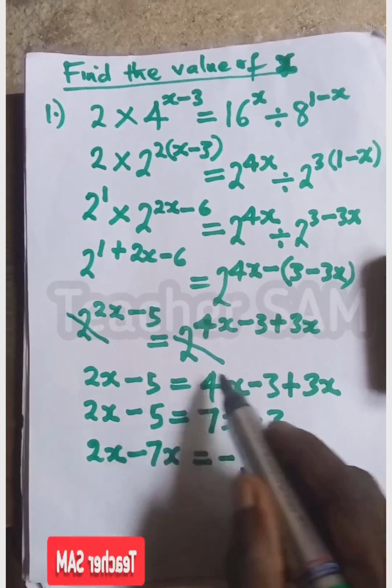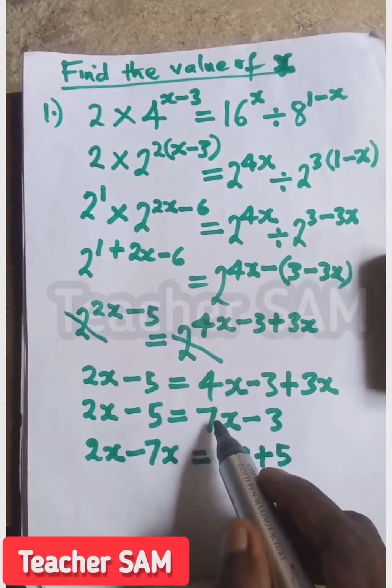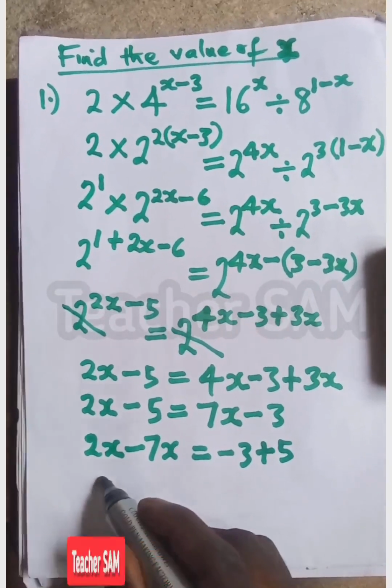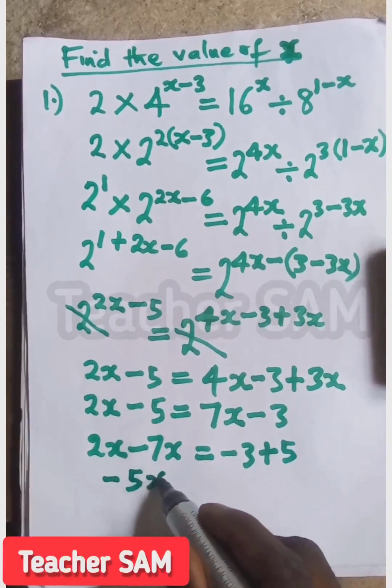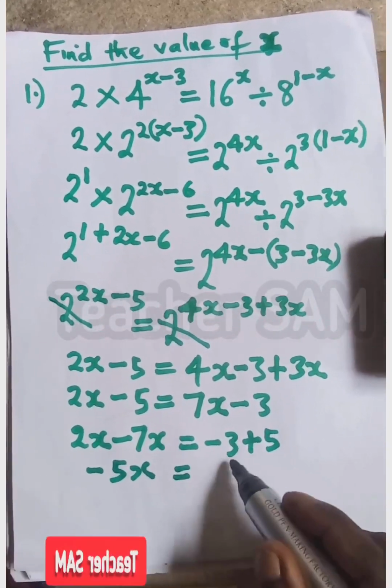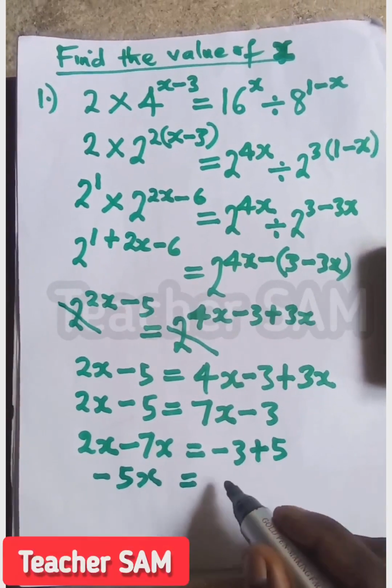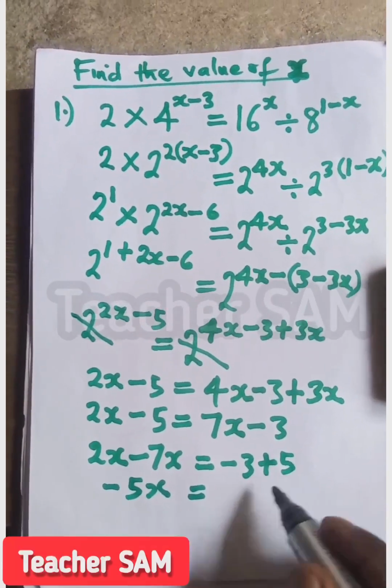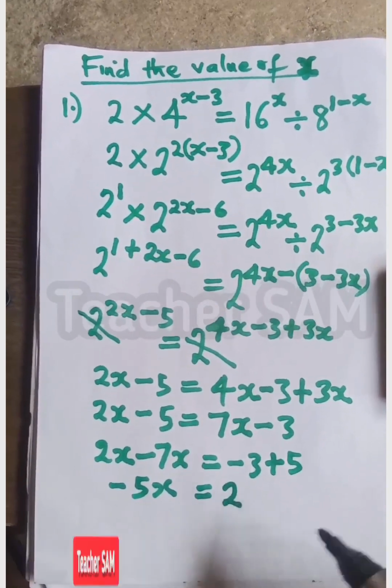So 2x minus 7x, you have minus 5x equals to minus 3 plus 5, which is plus 2.